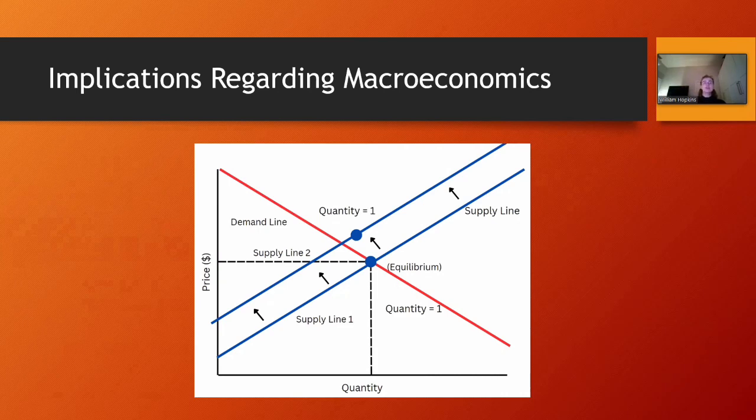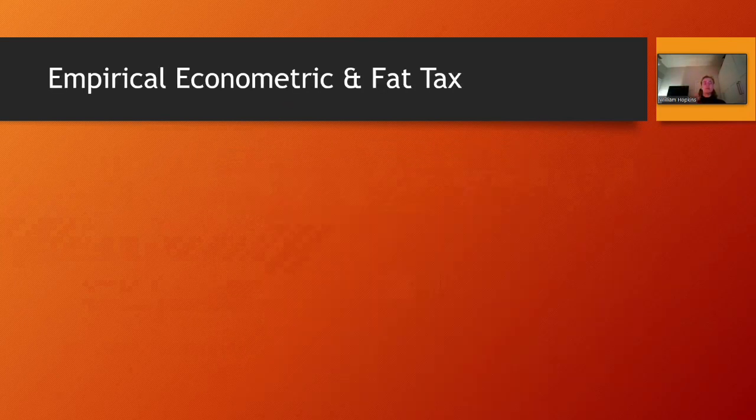And so finally, how can we actually look at an empirical econometric model to assess the health and economic benefits and consequences of a fat tax? Empirical models verify qualitative predictions made using theoretical models and convert them to precise numerical outcomes.